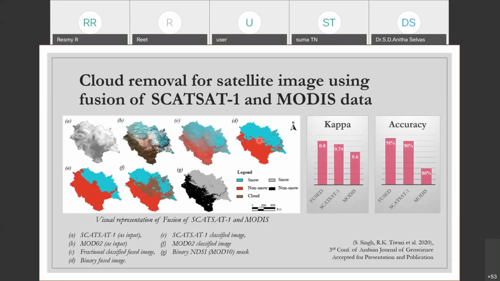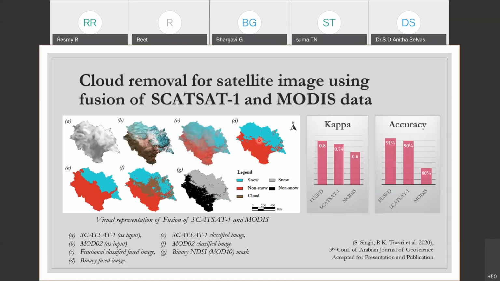So here, if you see, figure A is the SCATSAT-1 data, figure B is a cloudy MODIS data, and figure C is a fused data. Means we use the SCATSAT-1 and the MODIS data to fuse and generate the image C. C is the fractional classified fused data.